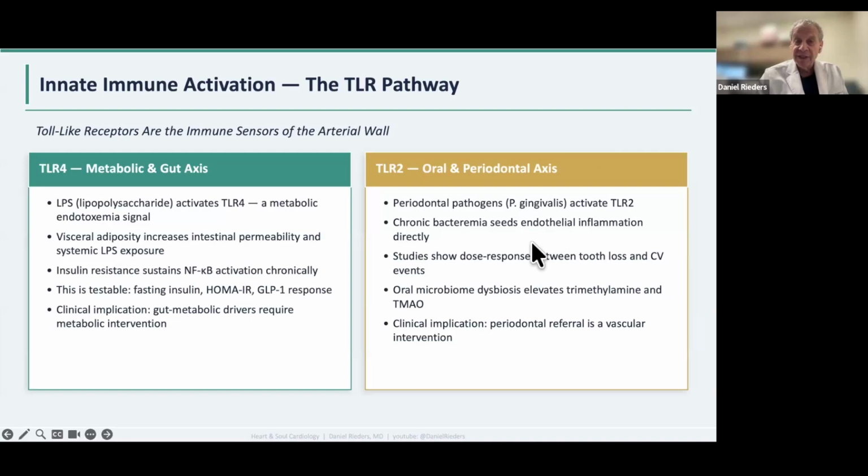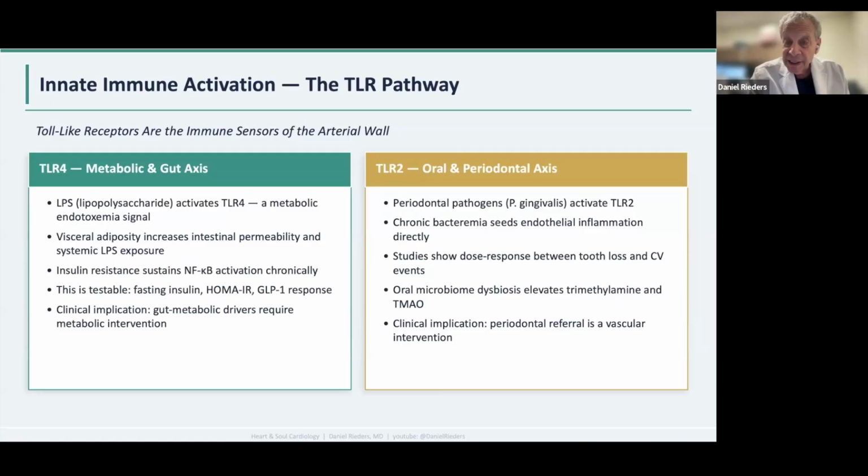Now we jump over the toll-like receptors too, and we're looking at oral and periodontal access, gum health. Yes, brush only the teeth you want to keep. And the gum health, we need gum health to produce nitric oxide, which helps our arteries maintain good blood pressure to different organs and cells.